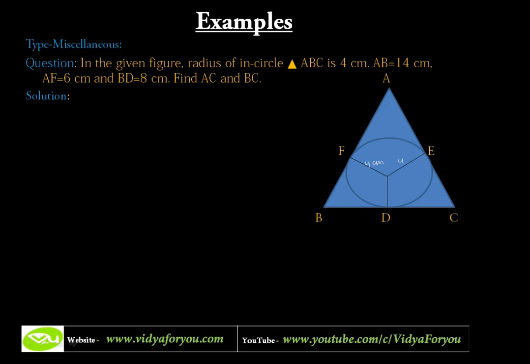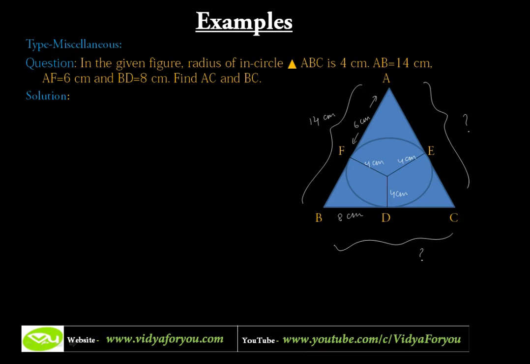This is the radius, this is also the radius, this is also the radius. AB, the whole side, they have given as 14 centimeter. AF is 6 centimeter. BD, from here till here, they have given 8 centimeter. AC you have to find, and BC you have to find.